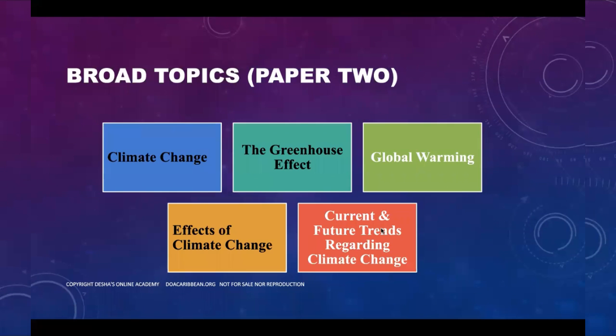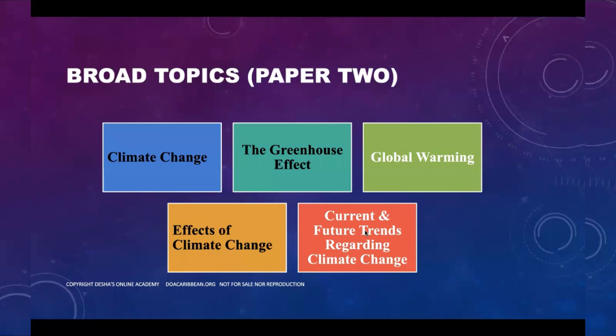Right, moving on to the next topic, which is climate change. And come on, guys, from grade 6, we know the difference between weather and climate. We know that weather is immediate, climate is long-term weather changes. But what happens is that due to anthropogenic activities in the environment, we have what is called climate change, which is a change in the long-term state of the atmosphere over multiple decades or longer.